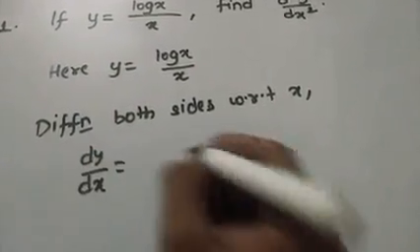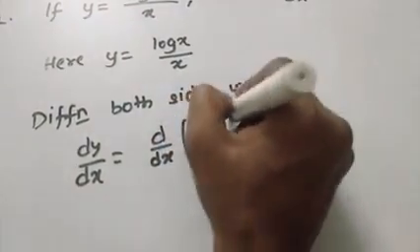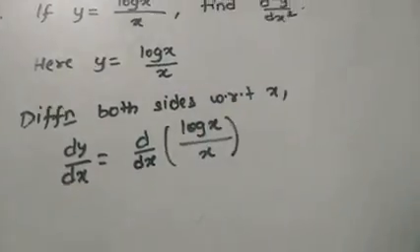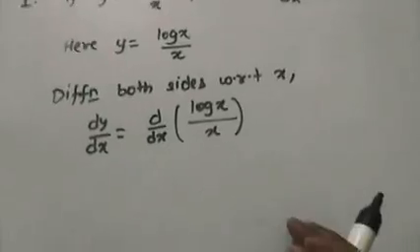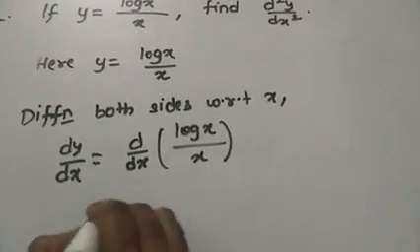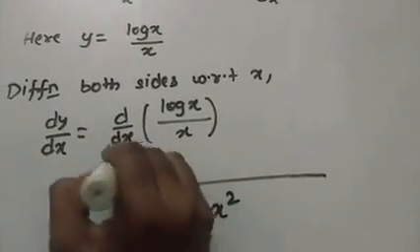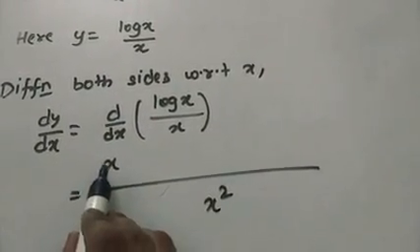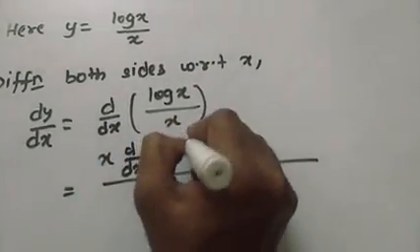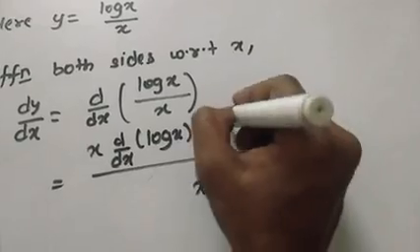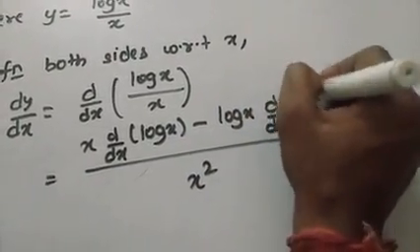So we get dy by dx on this side and d dx of log x by x on this side. Now this is in the form of division. So here we will use the rule of division. That is, first of all, denominator whole square, always start with the denominator. Okay, d dx of numerator minus, now interchange them, the numerator will remain outside the derivative, and d dx of x.